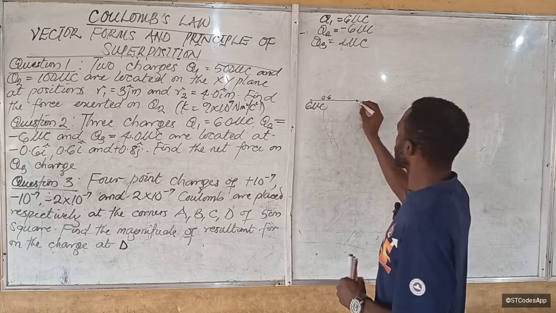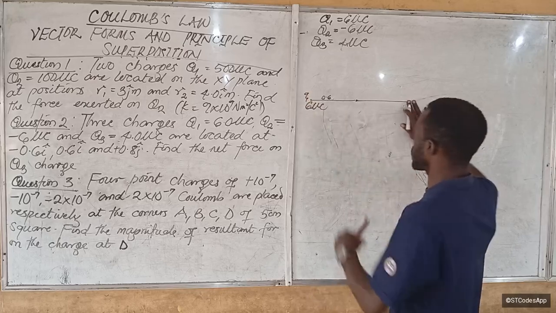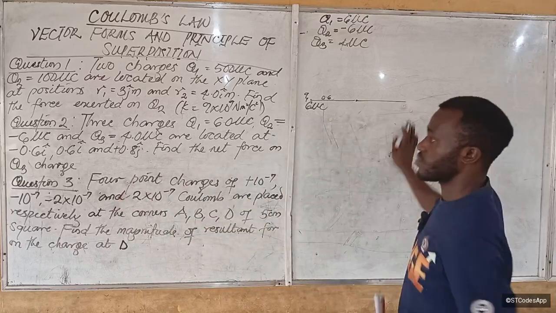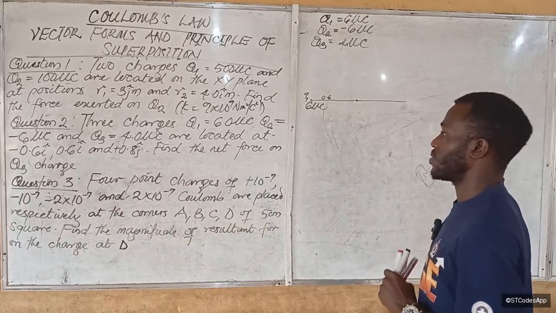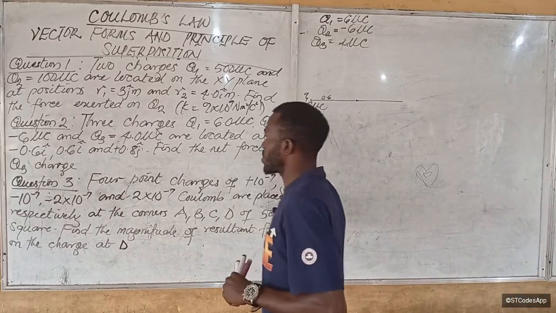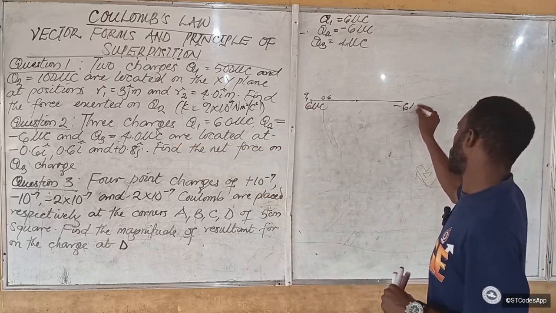Then Q2 is going to be in this direction. So this is Q1, and Q2 will be in this direction, the same length, 0.6, but in the other direction. Do you understand now? The value of this one is negative 6 microcoulomb, opposite of this one.